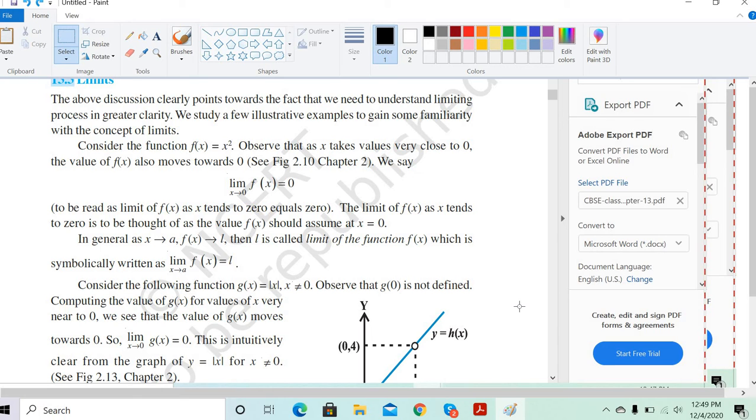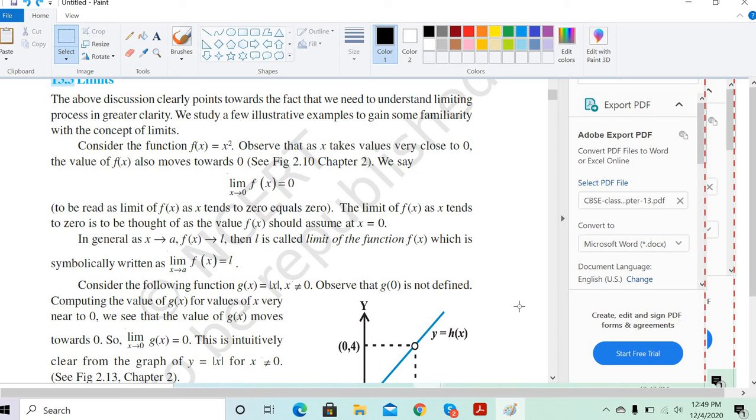So we are coming very close to 0. So what happens to the f of x value? Since the function is f of x equal to x square, it is also tending towards 0. That also gives you the value 0. So we can say that limit x tends to 0, f of x is also equal to 0, because it is reaching towards 0 only.